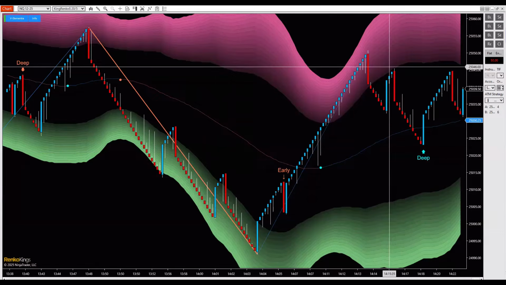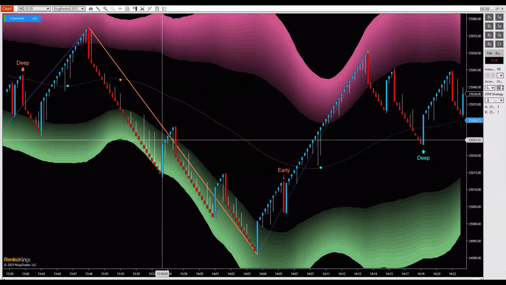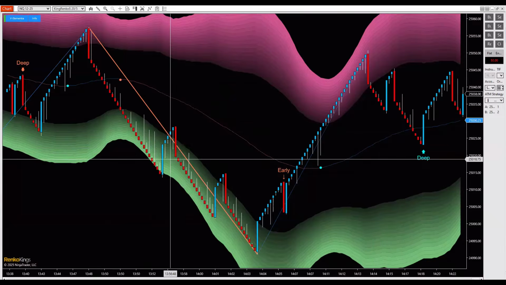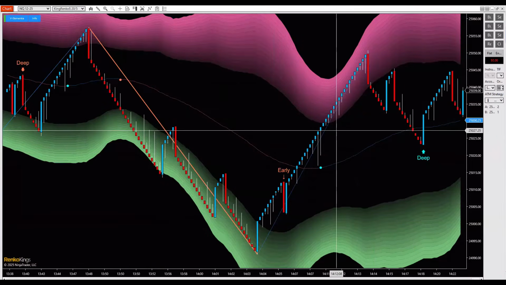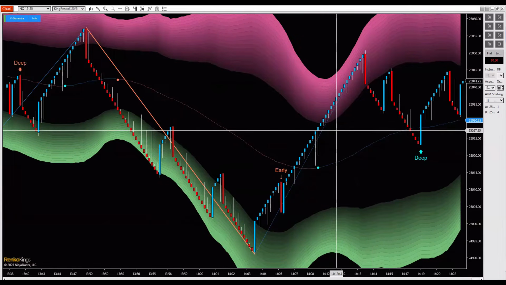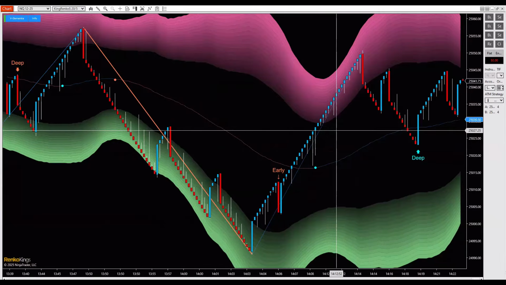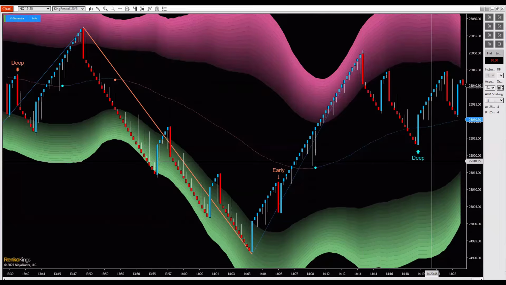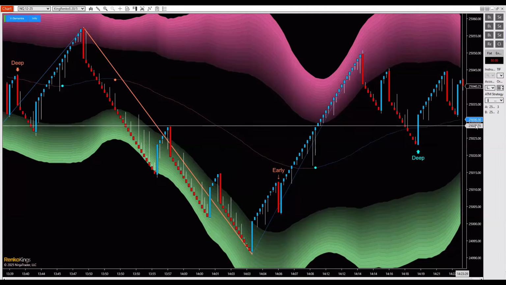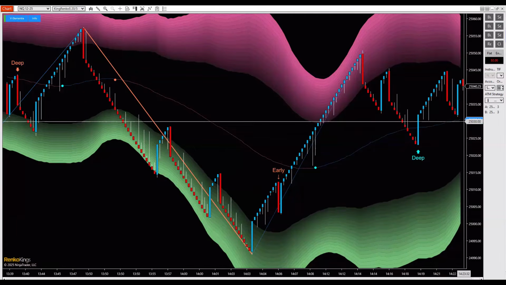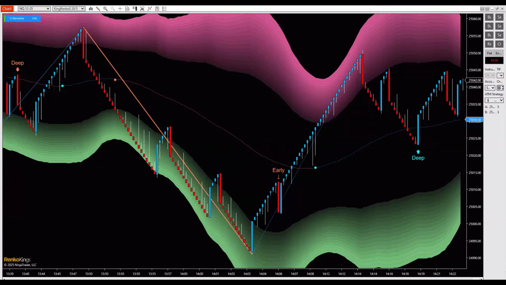Now, again, I'm not saying you should simply go long because price is in the dynamic support area, or short because price is in a dynamic resistance area, but at least it lets you know that a reaction the other way is probable. So things really slow down now. What I want to see is if they come back again toward the moving average here.